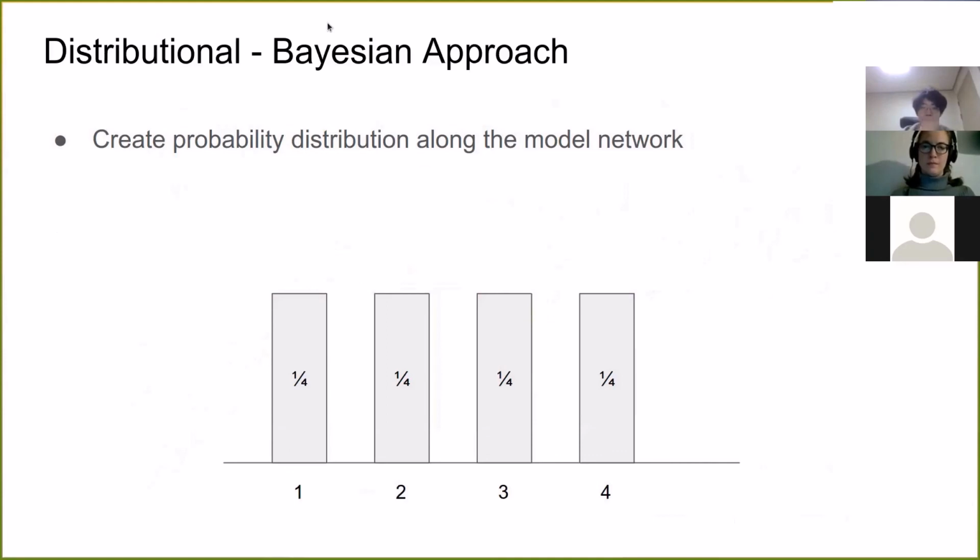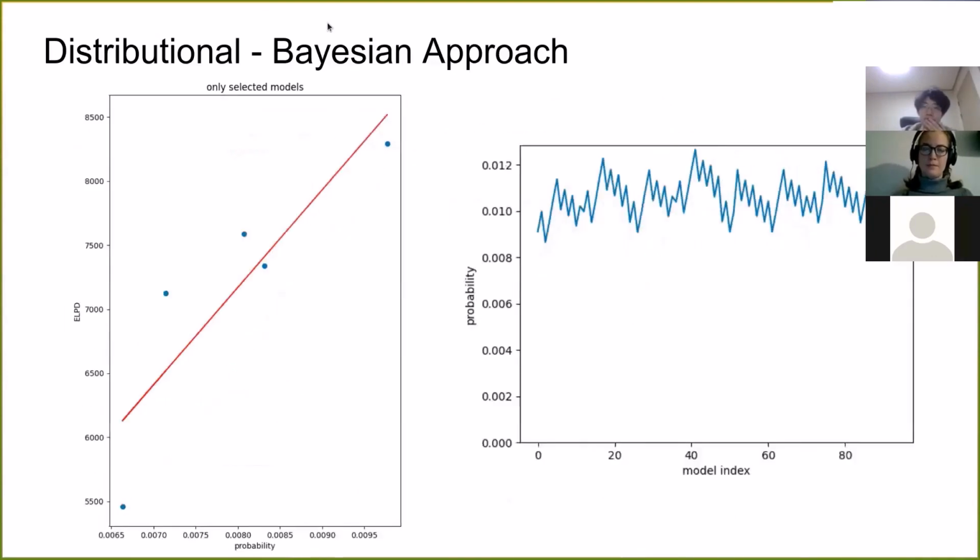And also, can you go to the graph slide? This one? Yeah, I was just wondering which one is regarded as a good one? Just like showing trends or randomness or convergence? So the y-axis denotes the evaluation metric that we use to check whether a model performs well. Under perfect circumstances, a model that has a high ELPD score should also have a somewhat high probability assigned to it, and vice versa.